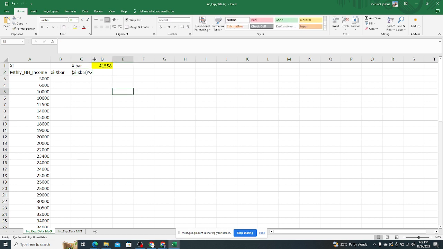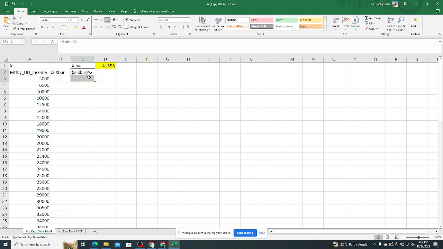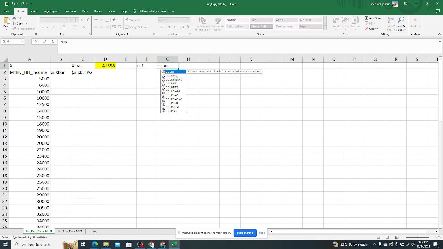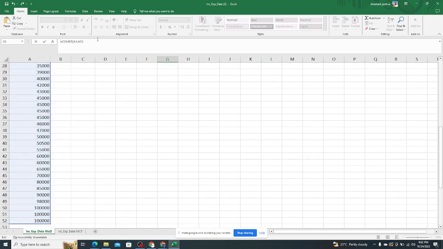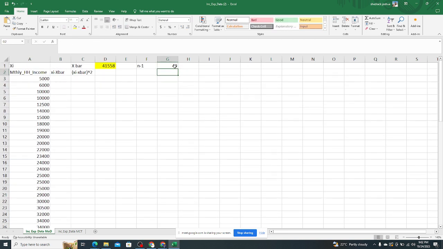And then we'll do the summation of all this, then divide by n minus 1. So we know that n minus 1 will be equal to the count of all these values minus 1. So in this case, it should be 50 minus 1, which is 49.